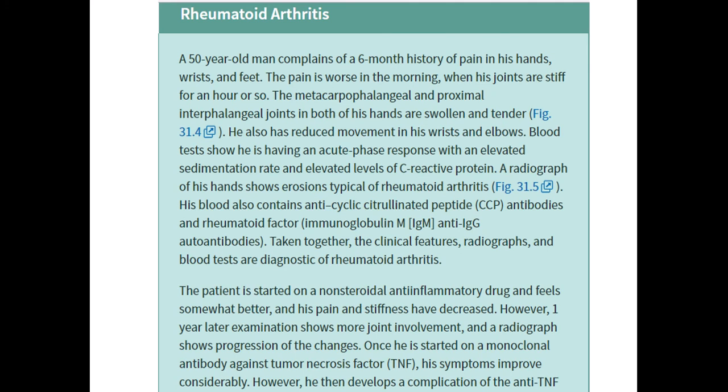Very important point also to remember about the CCP, or what we call the cyclic citrullinated peptide, CCP. And we see that it's almost pathognomonic for rheumatoid arthritis. And of course, the rheumatoid factor.